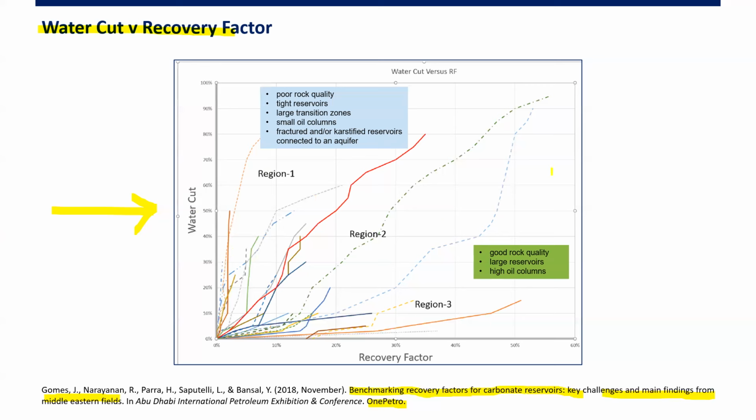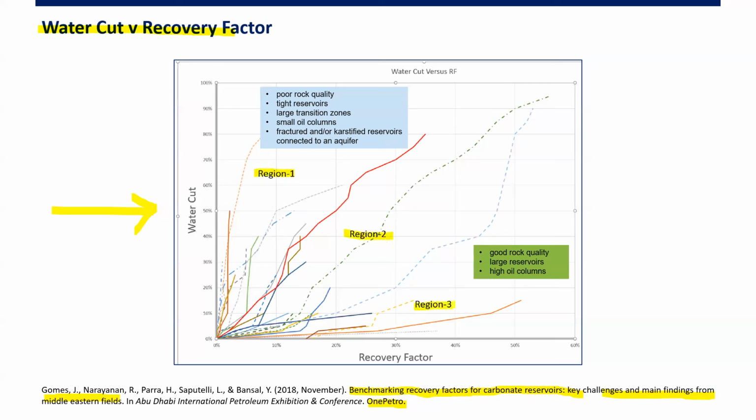Okay, and in this paper, we can see here, we have this plot and you have many entities here. And if you read the paper, these entities are reservoirs. So this plot will compare performances from several reservoirs in the Middle East. And you can see we can separate those reservoirs based on the performance of water cut versus recovery factor into 3 regions.